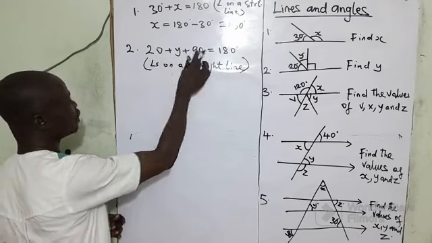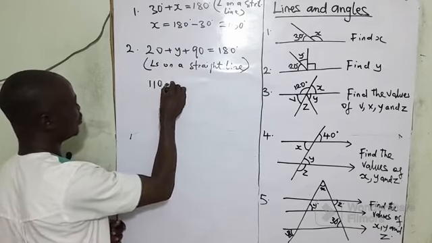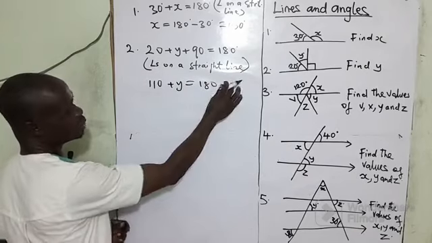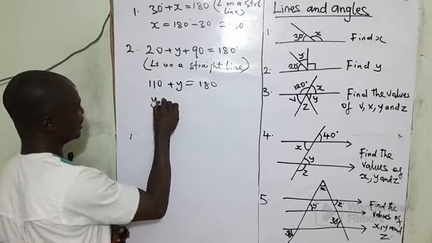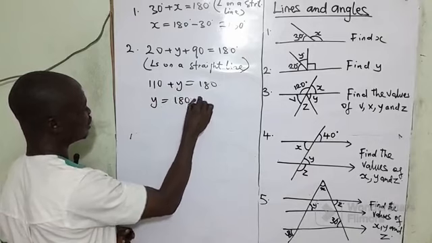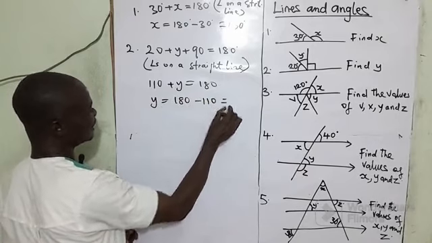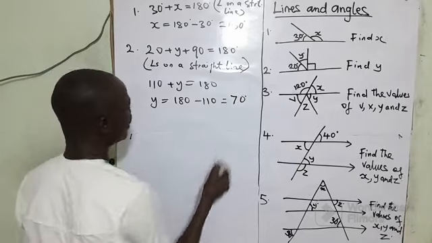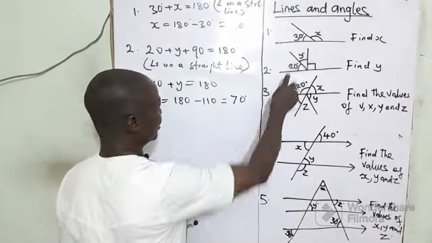So we have 90 plus 20 is 110, plus y is equal to 180 degrees. Moving this to the right, we have y is equal to 180 degrees minus 110, and that gives 70 degrees. So 70 degrees is actually y.